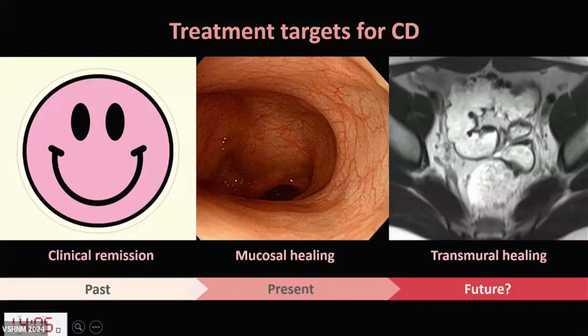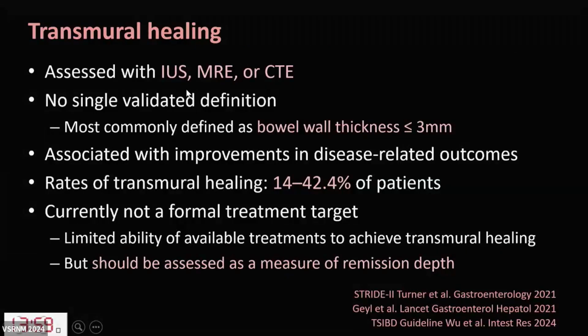And transmural healing can be considered as a future target. It can be assessed with the cross-sectional images, including ultrasound, MRE, or CTE. It's defined as the intestinal wall thickness less than 3 millimeters. And if the patients can achieve transmural healing, there will be an improvement in disease-related outcomes.